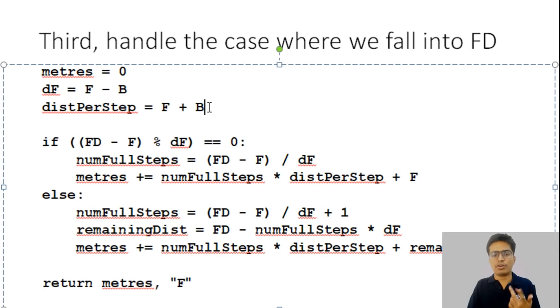So you travel a total of f plus b in each of these combined steps, and since you know the number of full steps that you have taken, you multiply both. This tells you your f plus b plus f plus b plus f plus b all the way until the last step. And what is the last step? Your last step is just a step in the forward direction, right?